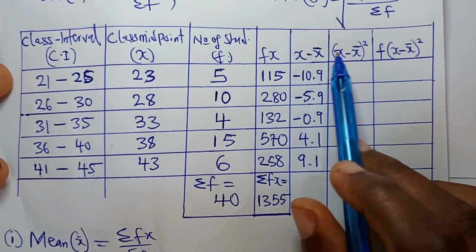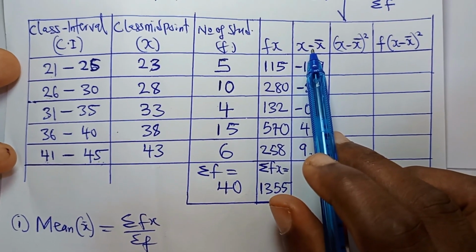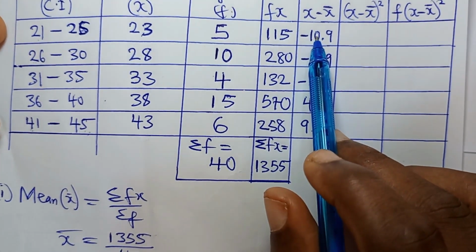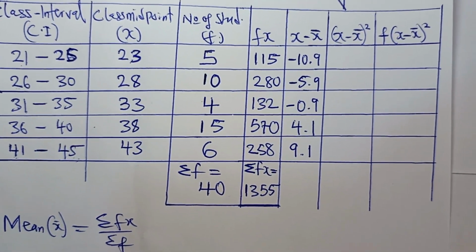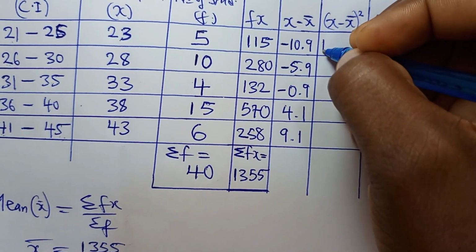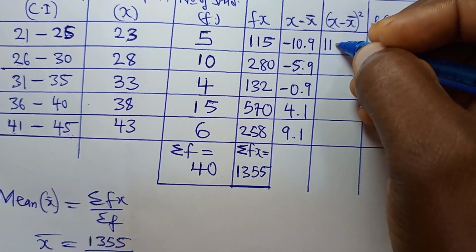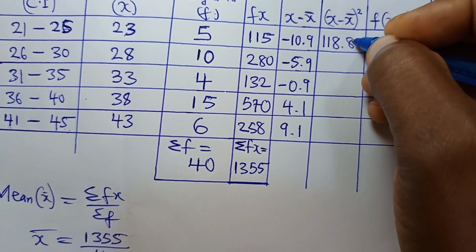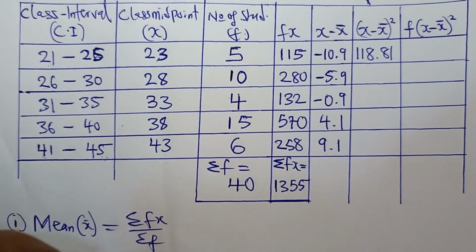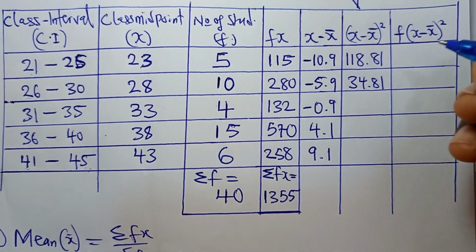The difference between this and this is that this one is the square of this. So notice that there is square on top here now. So what that means is that I will pick this one and square, which is 10.9 squared. 10.9 squared will give me, minus 10.9 squared will give me positive also, 118.81. I will square 5.9, that will give me 34.81.